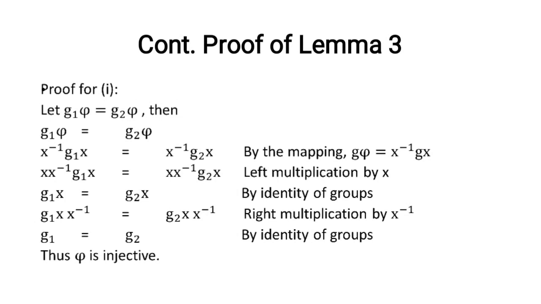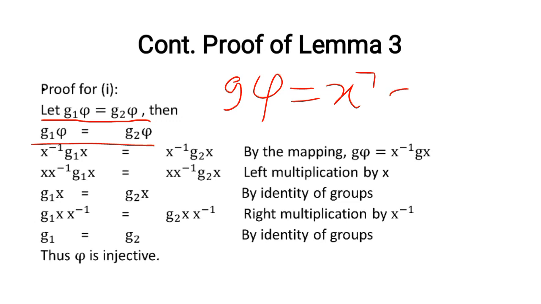So the first condition, injectivity, right? We want to assume that G1 phi is equal to G2 phi. Okay, so that's what we're doing here. But then you know what the map does. Whenever it picks an element, what does it do? It will conjugate it, right? To put x inverse in front of it, and then x behind it.